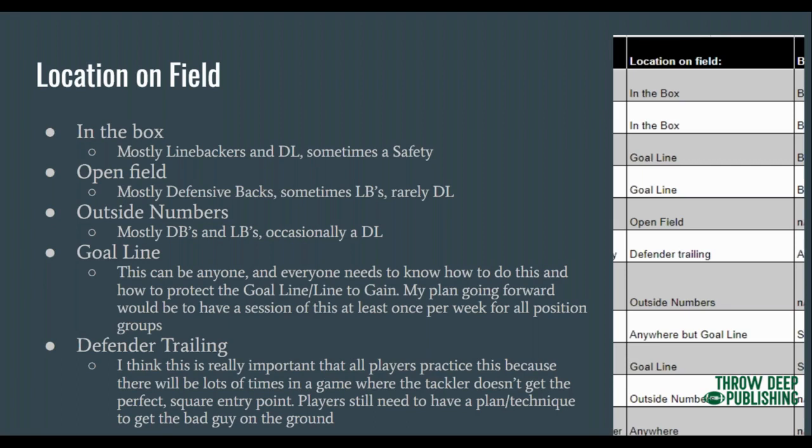It was actually fairly rare that we had a linebacker making open field tackles, and even more rare that it was a defensive lineman. Outside the numbers is mostly defensive backs and linebackers, with occasionally a defensive lineman. We found that's usually if he's pursuing the play down the line of scrimmage.